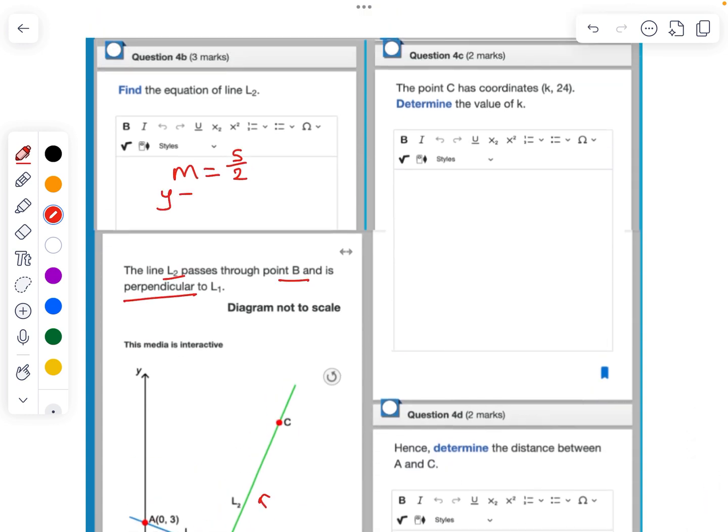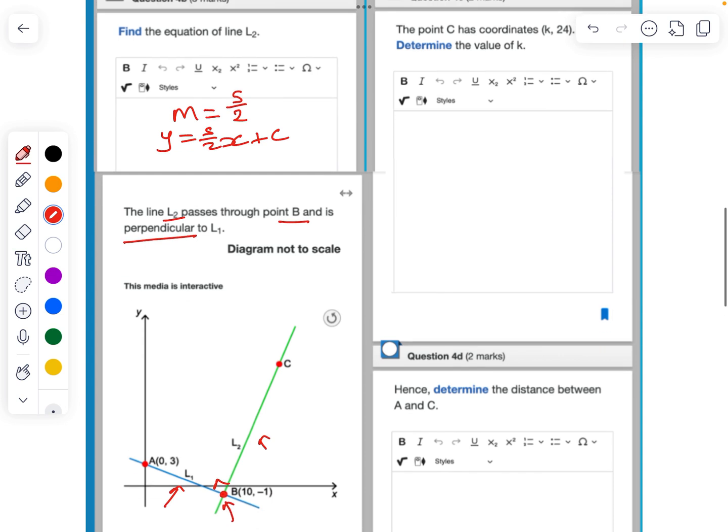So the equation, we're going to use the point that we definitely know is on the line, which is 10, -1. So y equals 5 over 2x plus c. I need to work out what that y-intercept is. So we're going to have -1 equals 5 over 2 times 10 plus c.